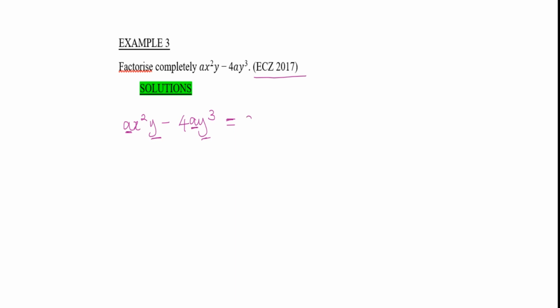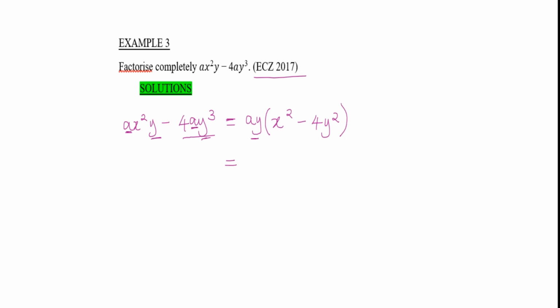So a is a common factor. Y also is a common factor because y can go into y and y can be divided into y cubed. So if we factorize ay from ax squared y, we'll remain with x squared minus, we factorize ay from 4ay cubed, we will remain with 4 and y squared, close the brackets.